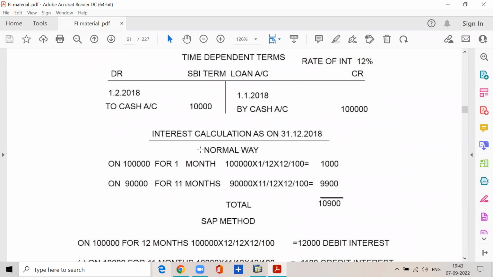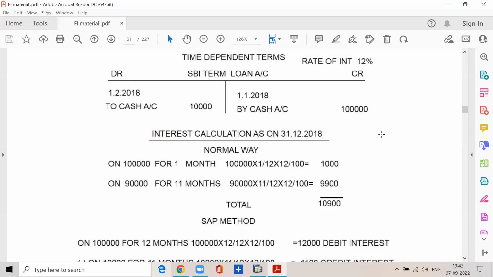Why so? Because normally while calculating the interest, the bankers will charge the same rate of interest on the credit items and also on the debit items. But sometimes there may be a need to use a different rate of interest on the debit items and credit items.